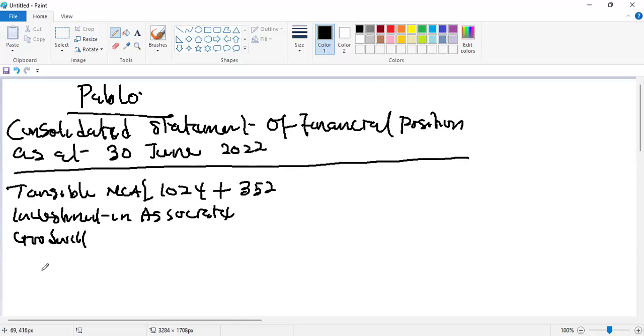And current assets. Current assets, we have 435 plus 152. We don't consolidate associates. This is my total assets.